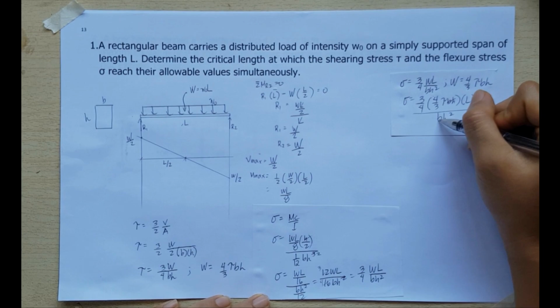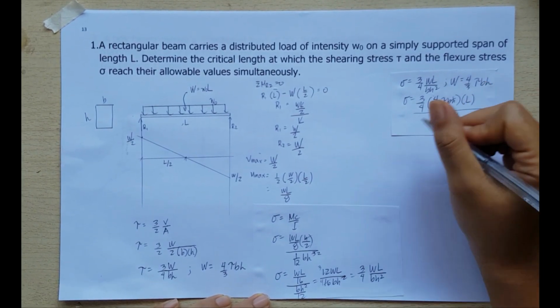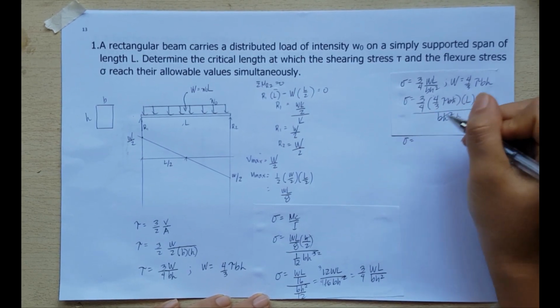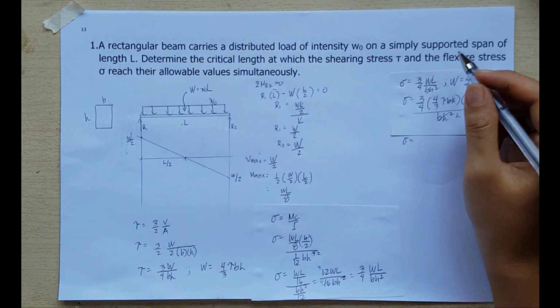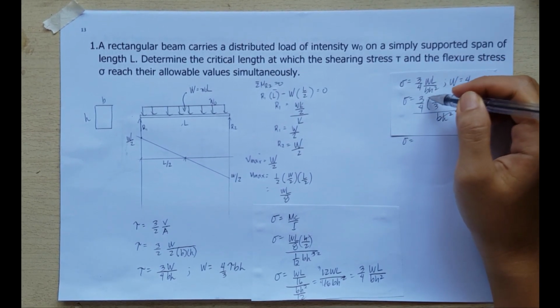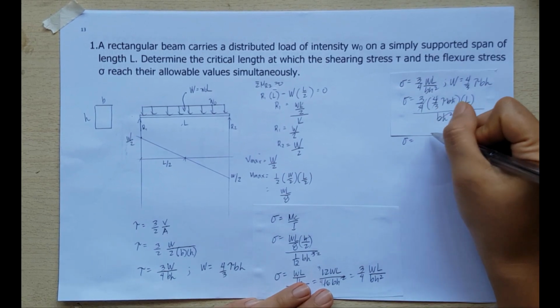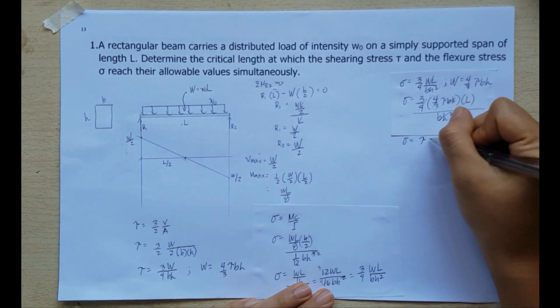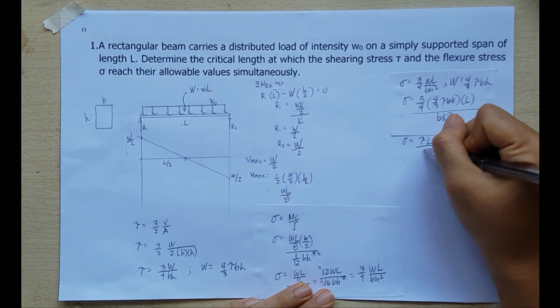Canceling this out, we are left with H. So the flexural stress is equal to, canceling also this one, the shear stress multiplied with the length all over H.